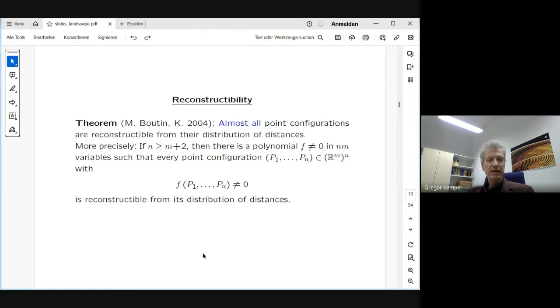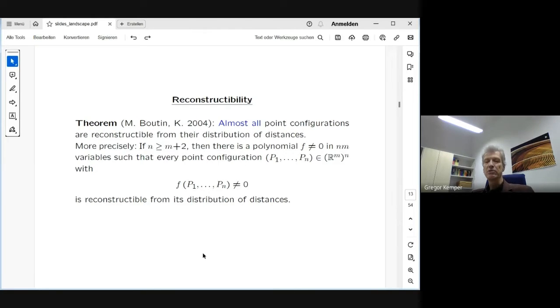And this means that we have achieved the following theorem. Let me read it out to you. It says that almost all point configurations are in fact reconstructible from their distribution of distances. So there are counterexamples, but they need to be finely tuned. The more precise statement needs that the number of points n is bigger than or equal to the dimension plus 2.